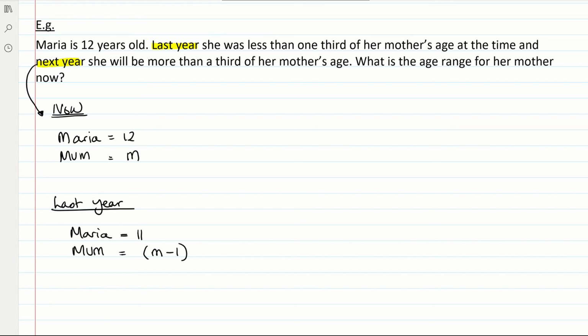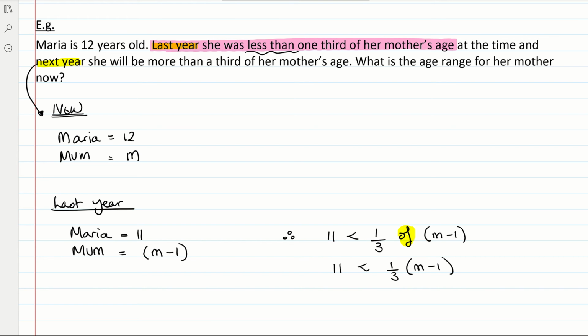So that means we have some information about last year. Last year, Maria was 11, and she was less than 1/3 of her mother's age. And of course, remember that word of means multiplication. So 11 is smaller than 1/3 multiplied by M minus 1.